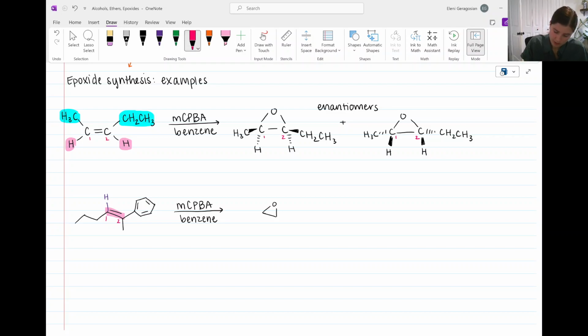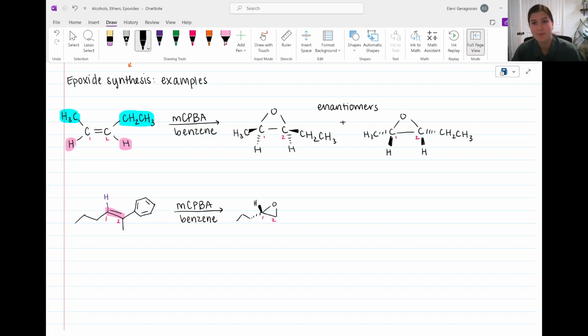So now we have carbon 1 here and carbon 2 here in the product. Carbon 1 is bonded to a hydrogen and a propyl group. We have 4 different groups bonded to carbon 1, so we do have a stereocenter. Let's put the hydrogen on the wedge and the propyl group on a dash.